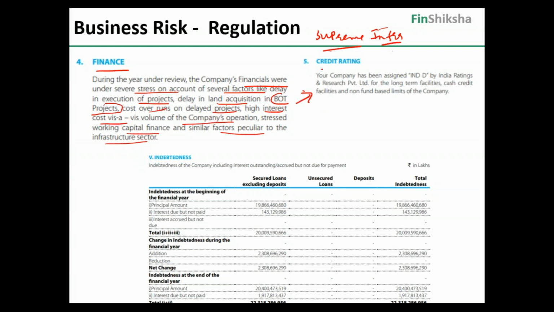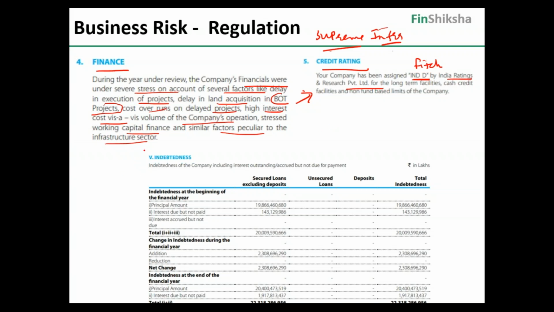After that, look at the credit rating. The company has clearly mentioned it has been assigned D by India Ratings, basically a Fitch associate, for the long-term facilities, cash credit facilities, and non-fund based limits of the company. If you have D, that means you are not even investable grade. You have basically entered into a default category.